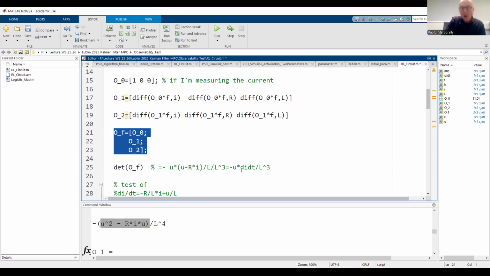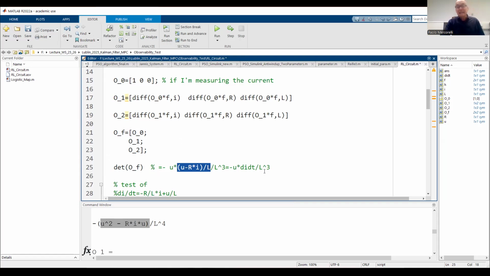Excuse me, now I see. Now everything is correct. Did you agree? I put in evidence U here, and then I write everything in this form, where this blue here is the derivative of the current with respect to the time, everything divided by L up to 3. Everything is correct. Excuse me, I made a mistake with the second case.